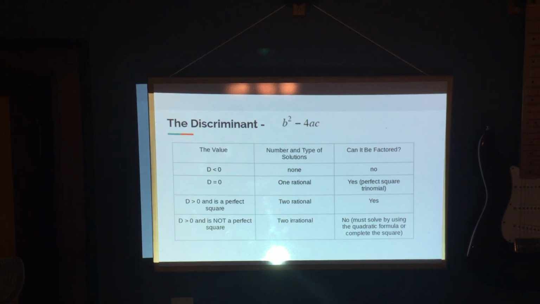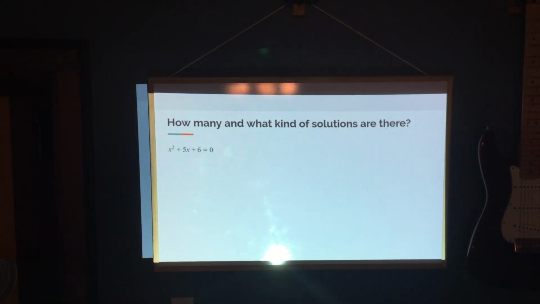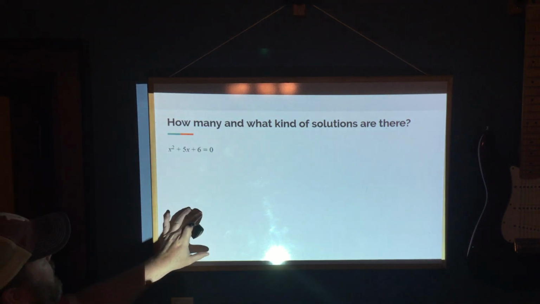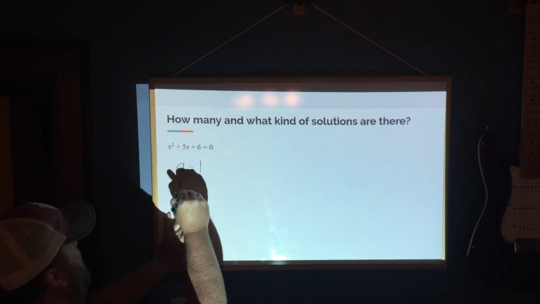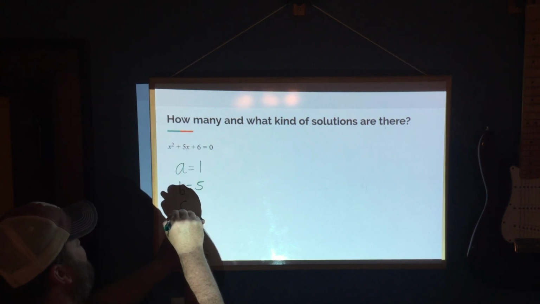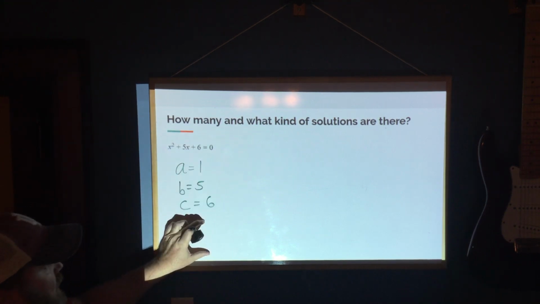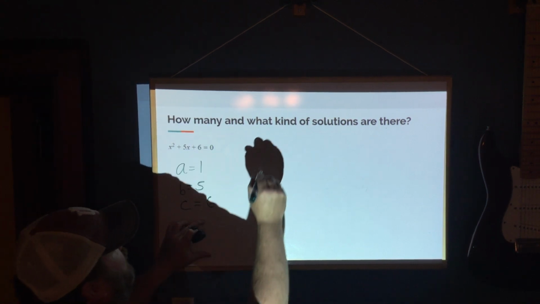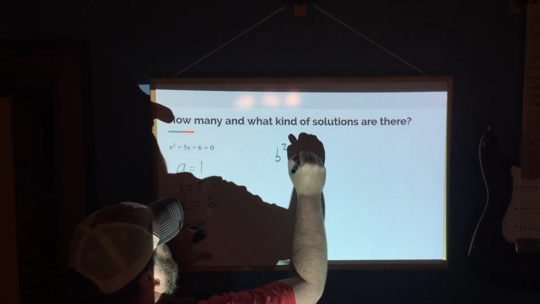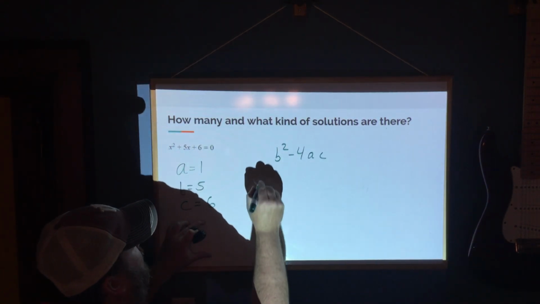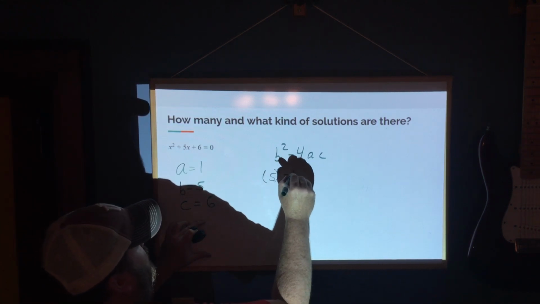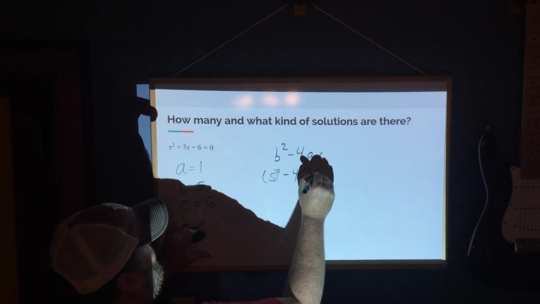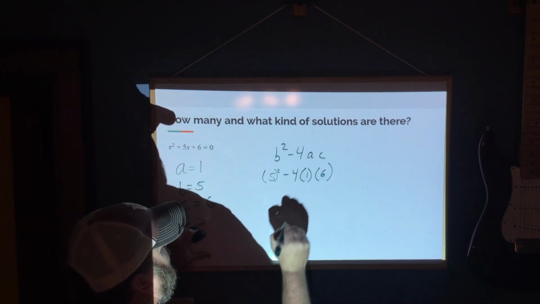So I have x squared plus 5x plus 6. So that means A is 1, B is 5, and C is 6. So if we have b squared minus 4ac, that's going to be 5 squared minus 4 times 1 times 6.